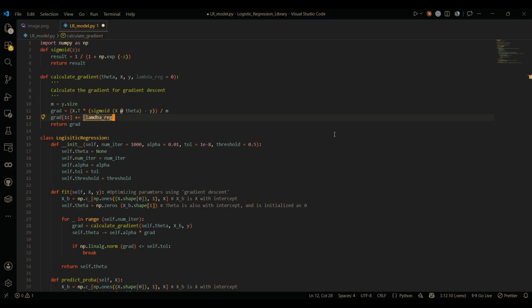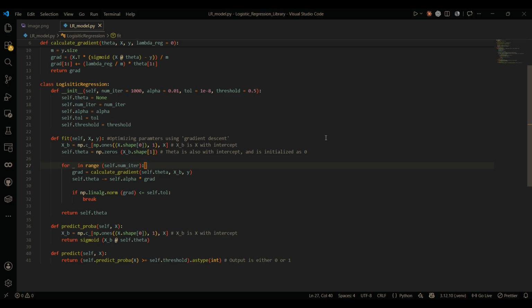So lambda_reg over m, and this multiplies by theta, which also runs from index 1 onward because the 0 column is the intercept.